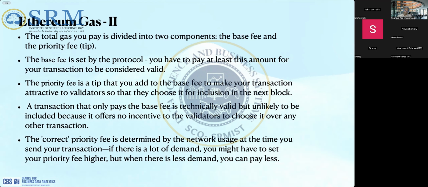And the priority fee is decided by the network demand and usage at that point in time. So normally the wallets will handle all this information, suggesting how much fee you can pay to get your transaction executed.